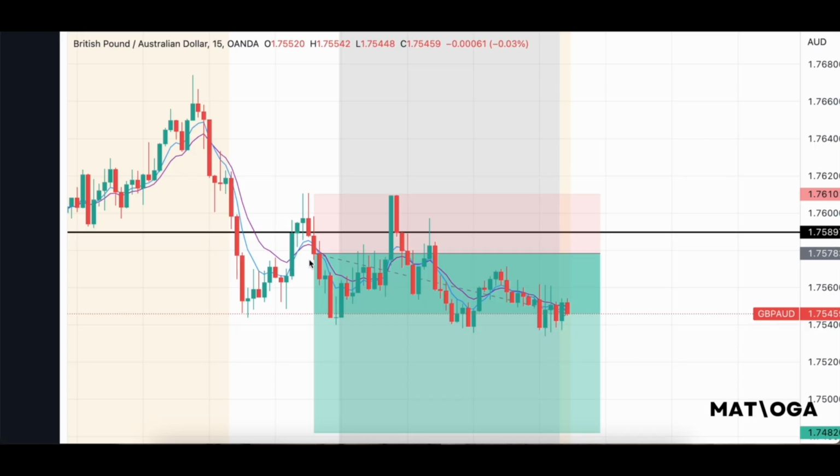I would expect continuation when you see a break followed by immediate rejection. But when you see a break, 2 hours of consolidation, a retest, and these smaller candlesticks, I'm not too convinced to go long. The momentum is not as strong as when you have a break followed by a straight-up retest.